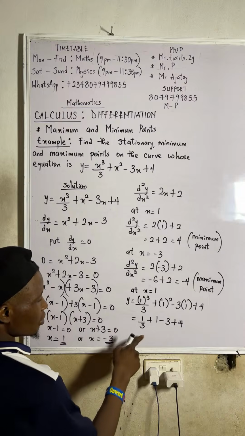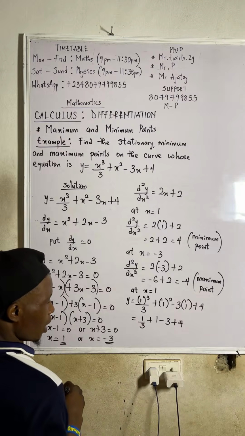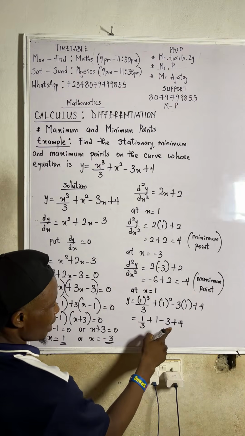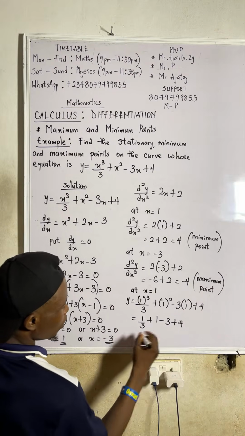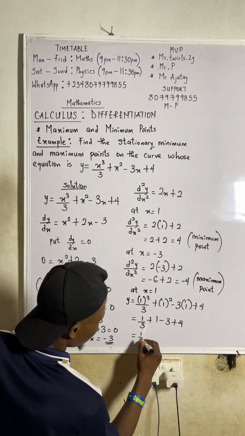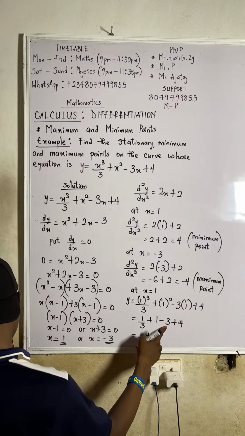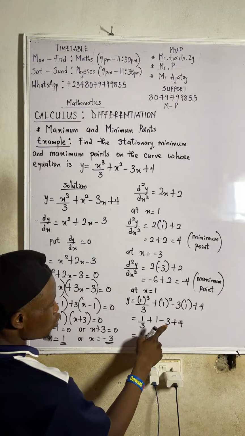So what are we going to have? 1 over 3 plus 1 minus 3 plus 4. 1 minus 3 is minus 2.